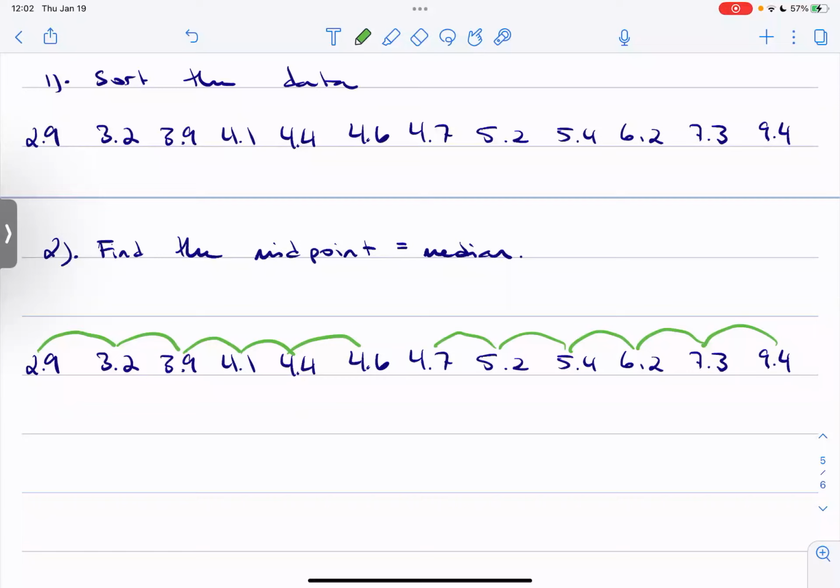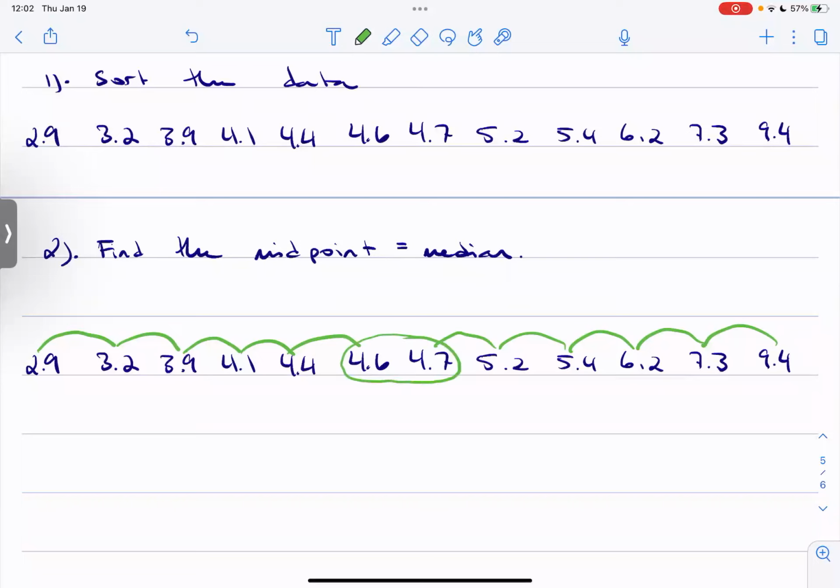Yes, 4.65. But why? Because we take the average of the two. How we denote that is to show the reader, me, that you're taking the average of these two. We circle these two to show that you landed on both of them.